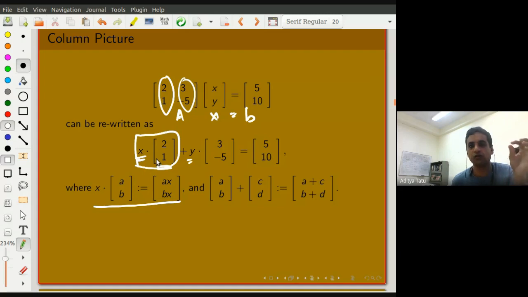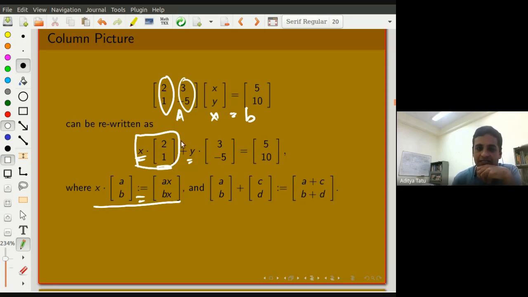This is not a very natural operation in the sense that both are not real numbers, and both of them are of a very different kind. One is just one real number, the second is a couple of real numbers. So you must first define it. What do I mean by this?